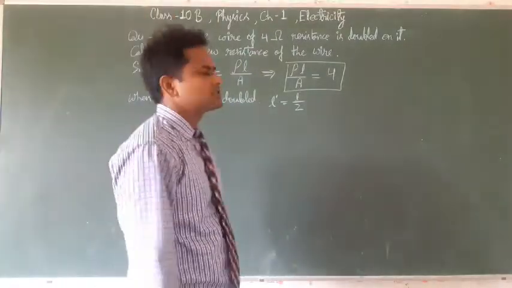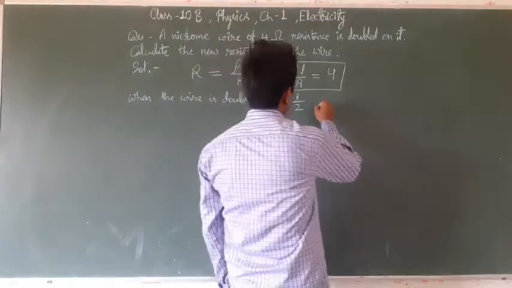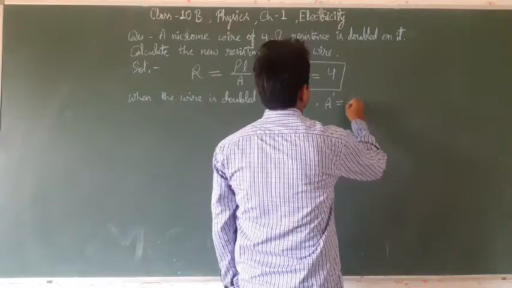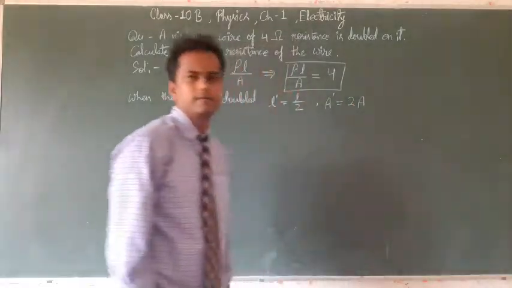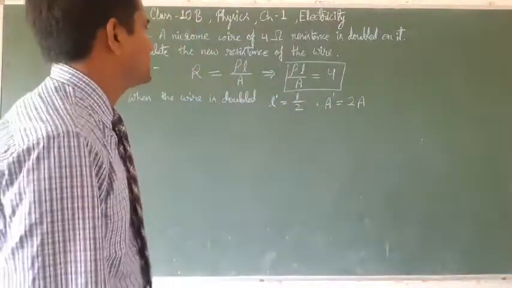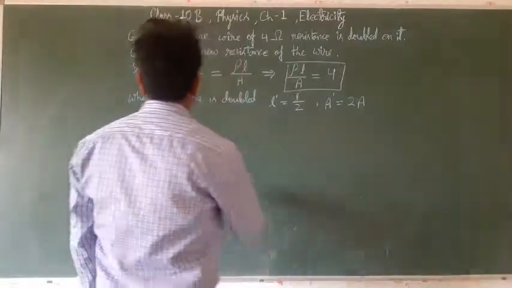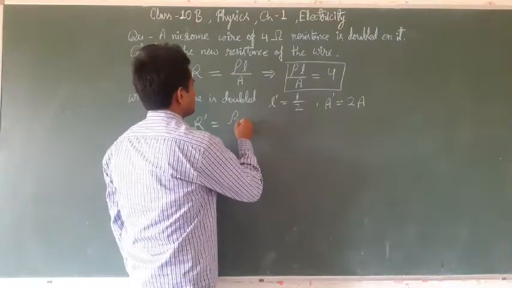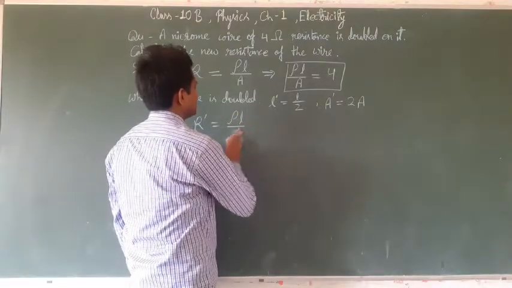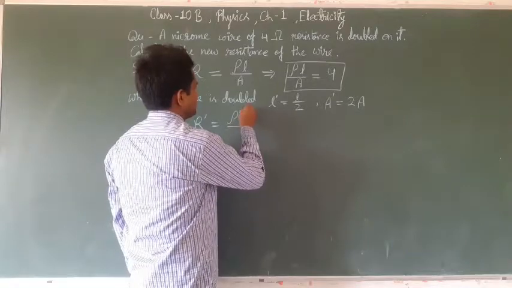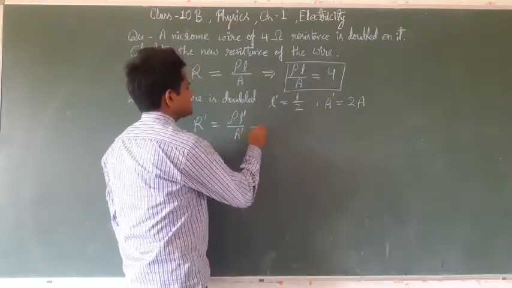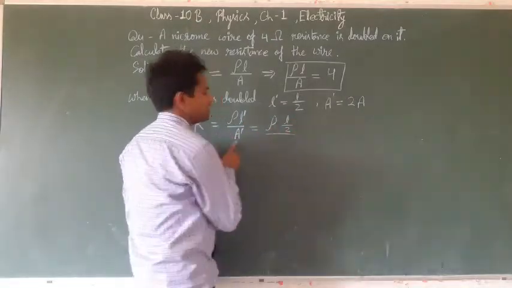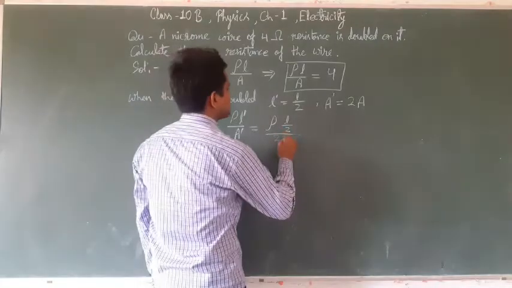When length is doubled, then area, that is A dash, will be half of A. Got it? Now R dash will be rho L dash by A dash. Put the value of L dash, that is 2L. Put the value of A dash, that is A by 2.